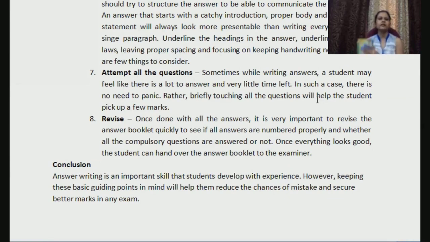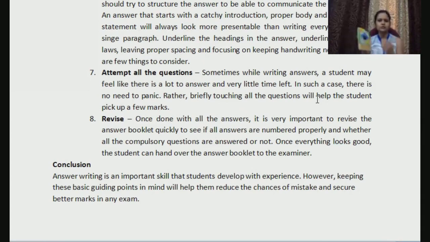You would hardly get 8 or 8.5 maximum. So there is no point investing 1 hour in writing one question, or 45 minutes in 4 questions and answering only those. That would not make sense, because you are anyway not going to get full marks.